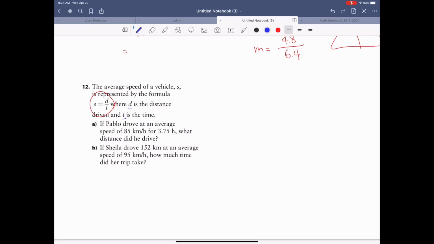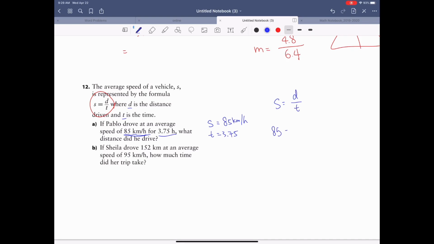If Pablo drove at an average speed of that, so basically you have to recognize what number is which letter, okay? So that's the speed, so that represents S. Okay, so 85 kilometers per hour, and for that much time, so T equals to 3.75. What's the distance?